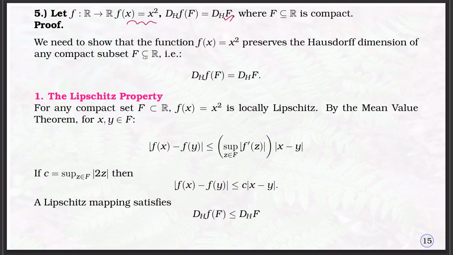So, we need to show that the function f of x equal to x square preserves the Hausdorff dimension of any compact subset E in R.